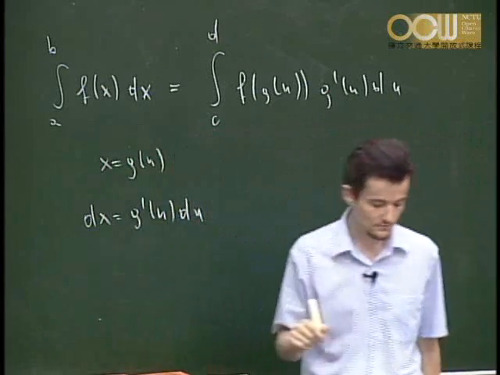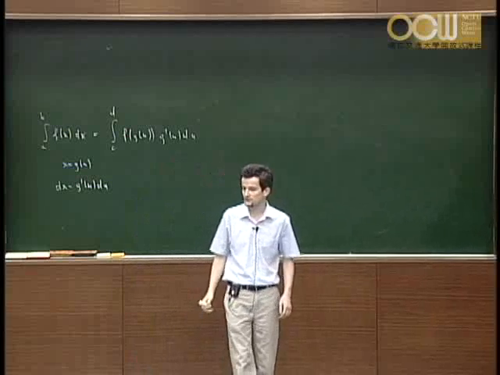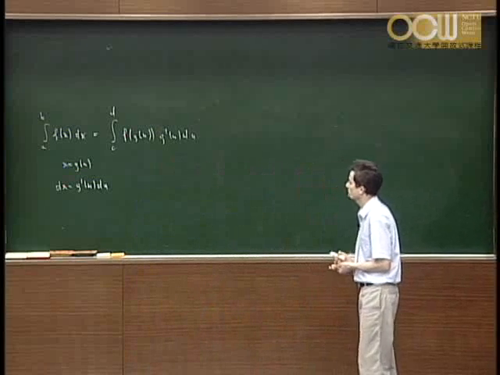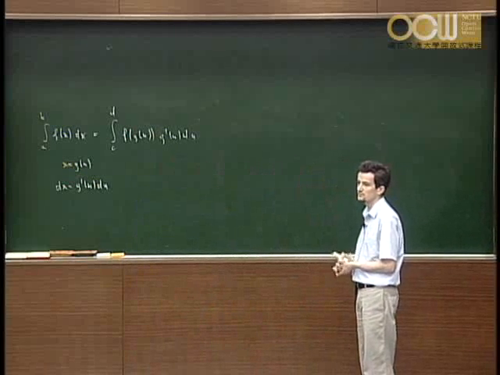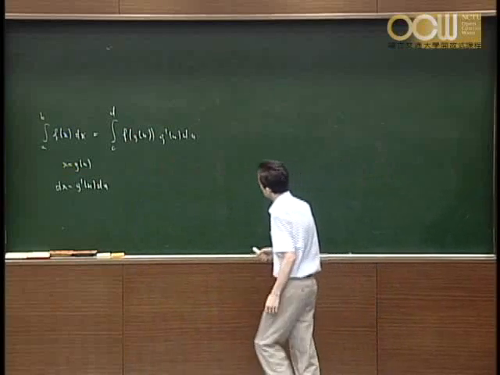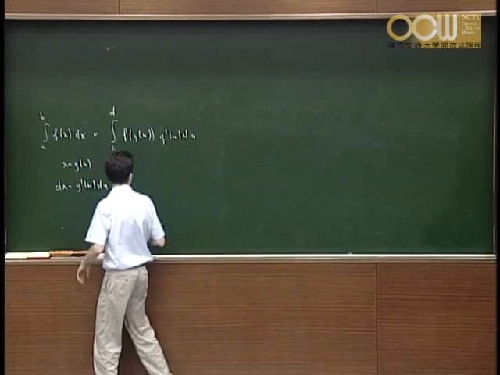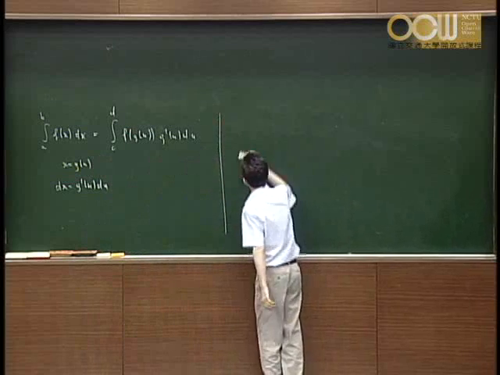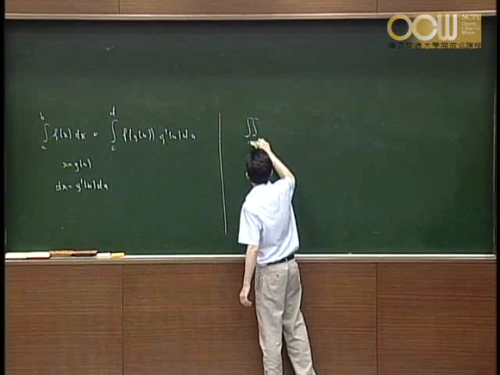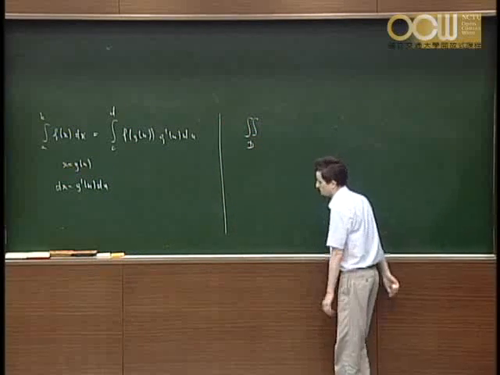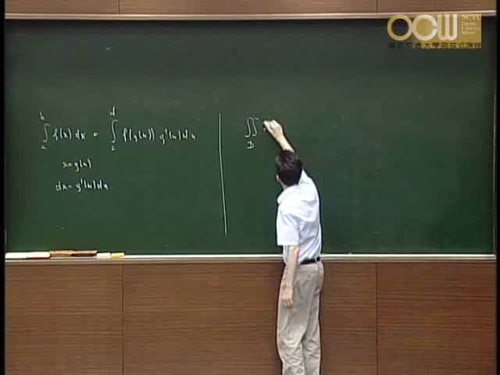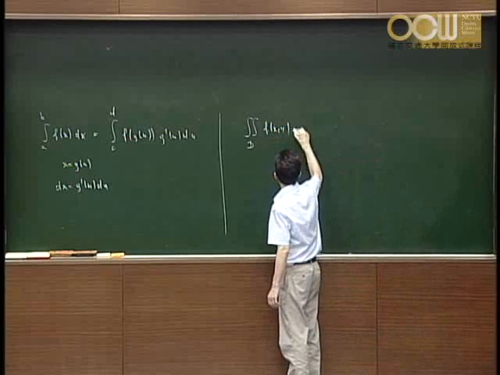Now, what we want to do today is find the corresponding rule for double integrals and triple integrals. So we have now a double integral over some plane region D, f of xy dA.